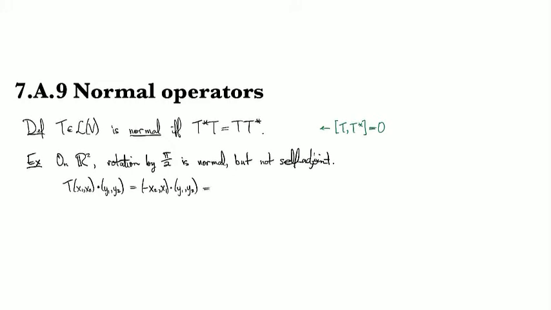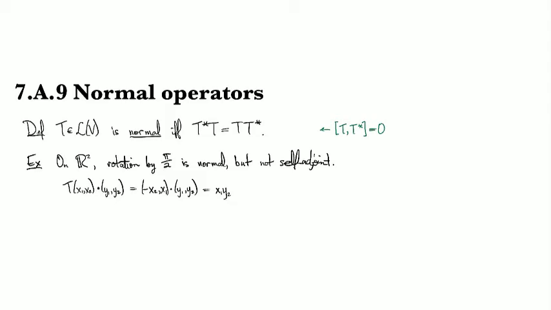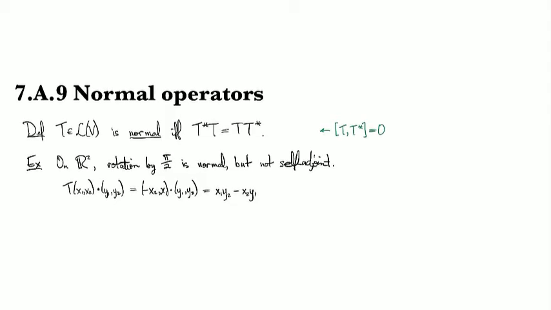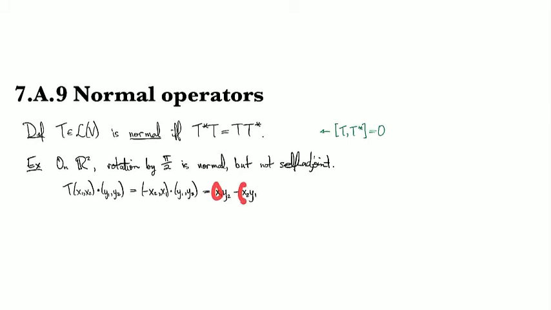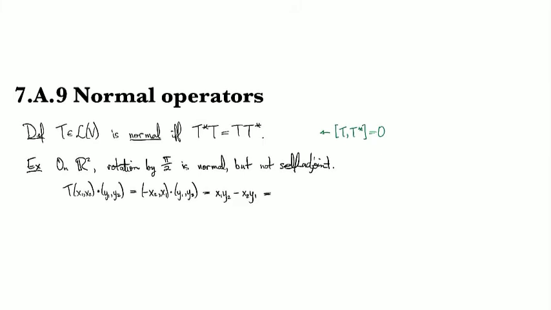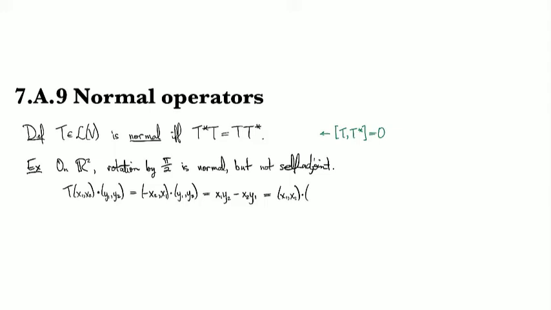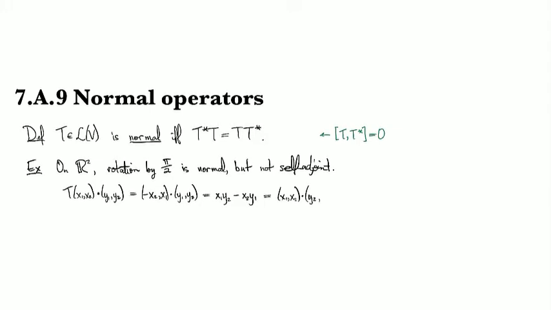Working out the dot product, we have x1 y2 minus x2 y1. I wrote it that way so that you can clearly see the x1 part and the x2 part, so that it's easy to rewrite this as (x1, x2) dotted with, and then what must it be? Well, x1 got a y2 next to it, and x2 got a minus y1 next to it.